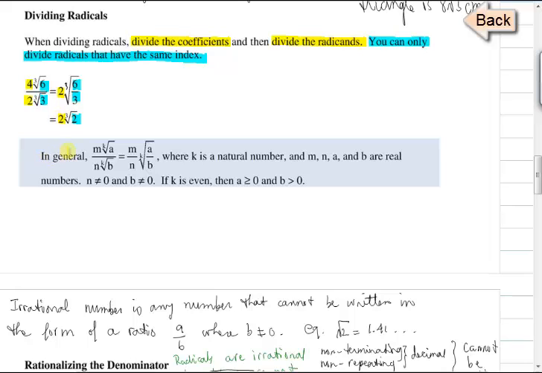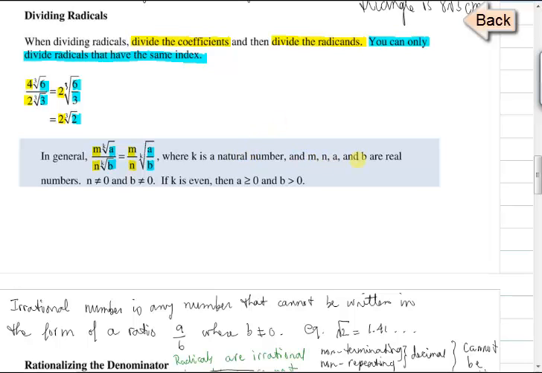So in summary then, if I have m times the kth root of a and n times the kth root of b, I can divide my coefficients first and then divide my radicands. Keep in mind that k has to be a natural number, and remember natural numbers are 1, 2, 3, 4, 5, and so on.